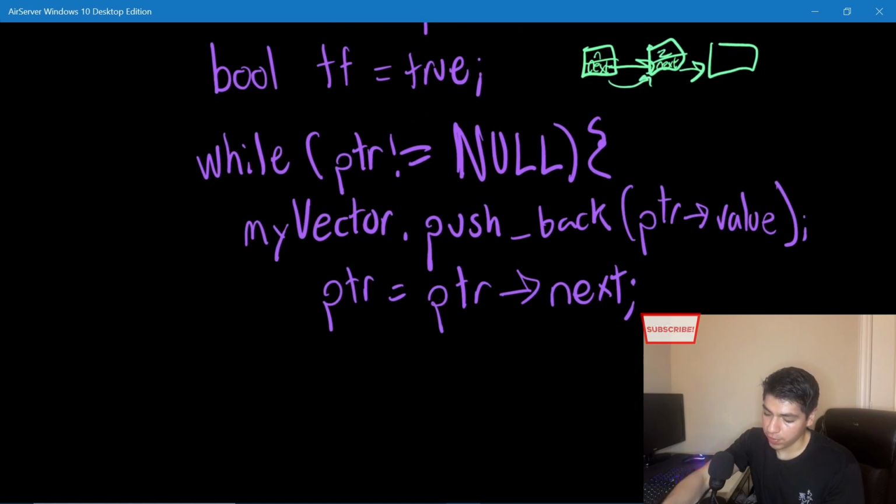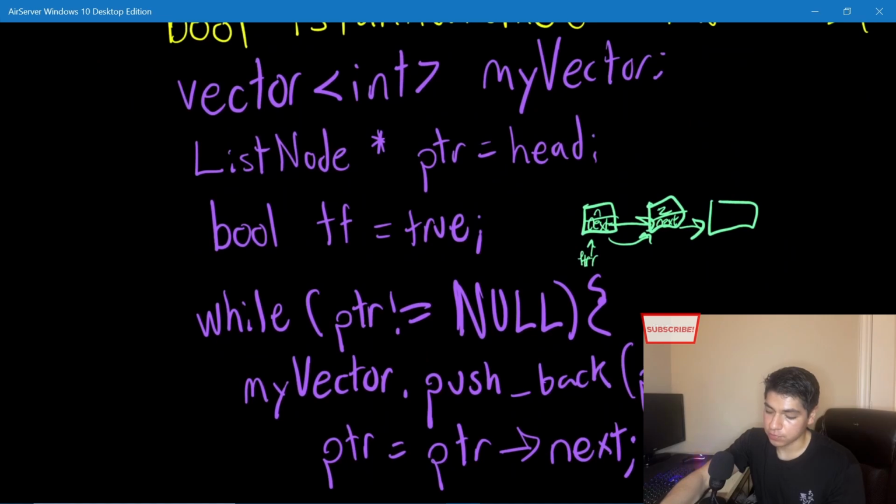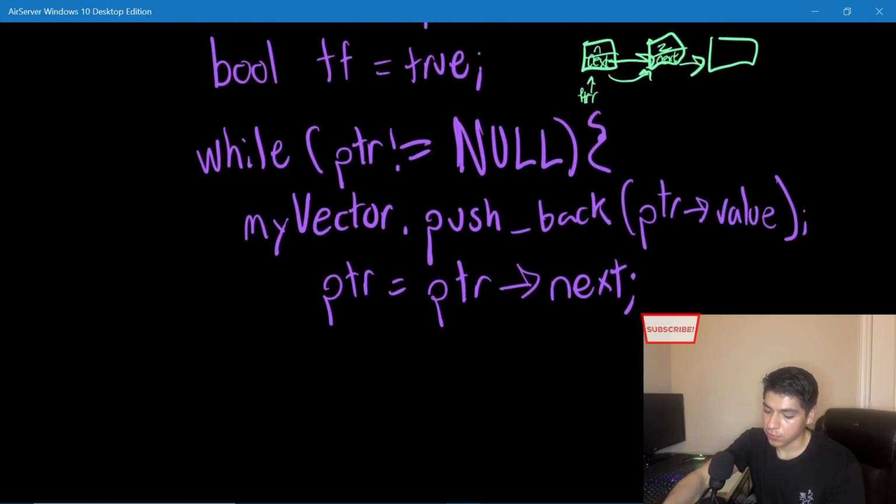We're saying our pointer ptr, which is pointing to the first one, aka it's pointing to the head, as we made ptr equal to head. When we do ptr equals ptr next, we're just saying, okay, now ptr, you're equal to whatever node you're pointing at to the next. So in this case, I'm pointing to this node. Now ptr is equal to the next one, and it's going to keep going, so on and so forth.